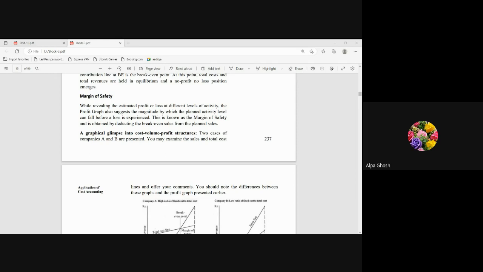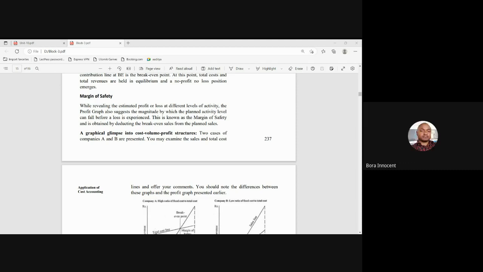Your planned sales is 1000 units and your sales is 800 units. So when you have planned sales and actual sales, the difference is your margin of safety. Am I clear?